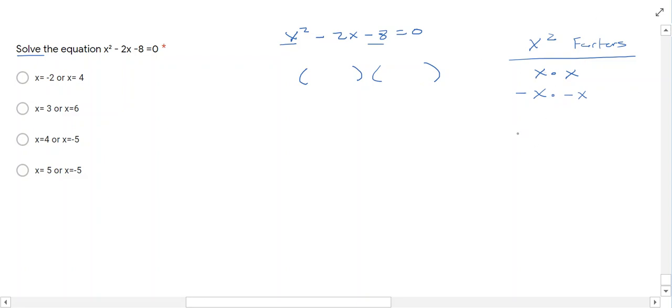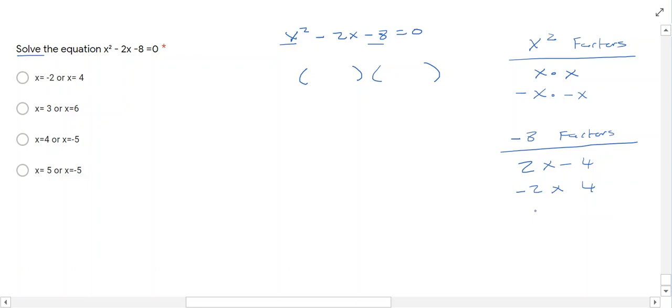Now we want to focus on the factors for minus 8. You can have 2 multiplied by minus 4. That's one set of factors. You can have minus 2 multiplied by plus 4.